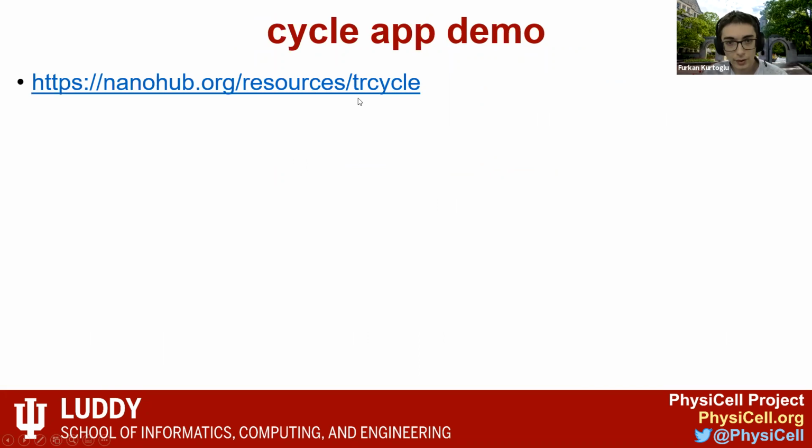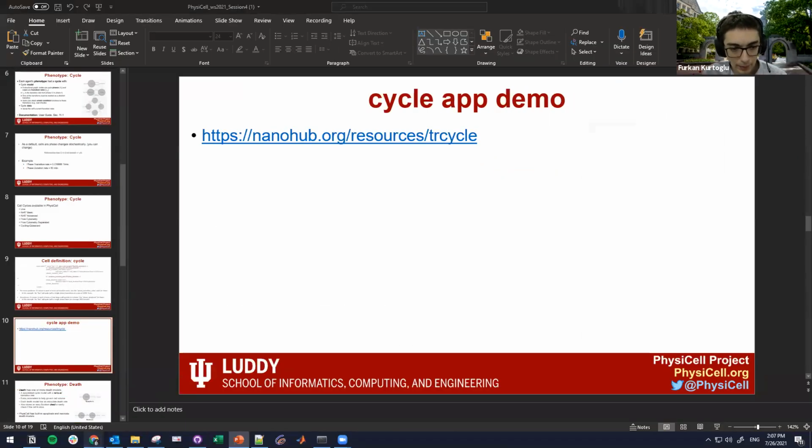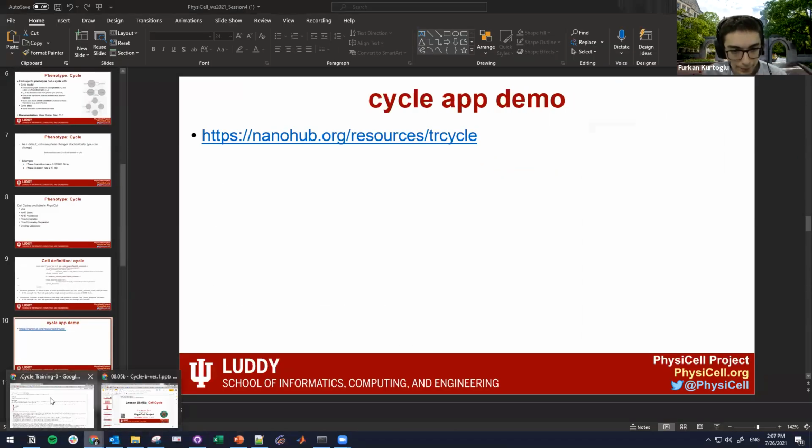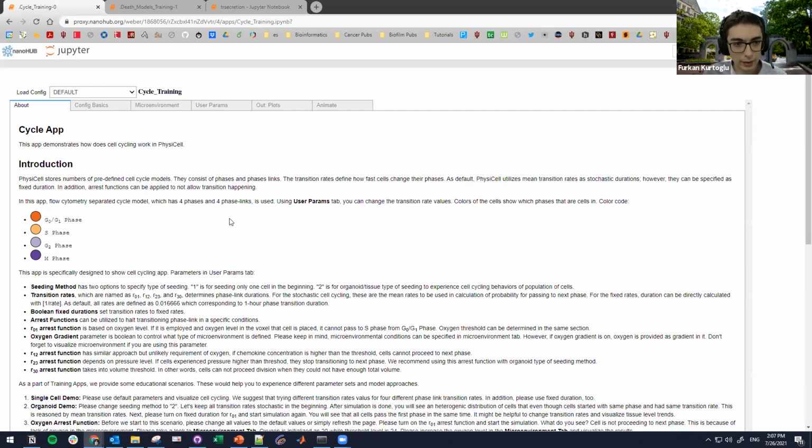So let's go to the cycle app we have. I logged in, and this is how it looks. Here we are using flow cytometry separated, which has four phases and four phase transitions.